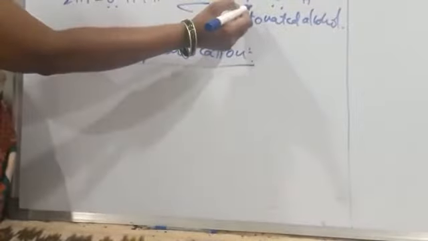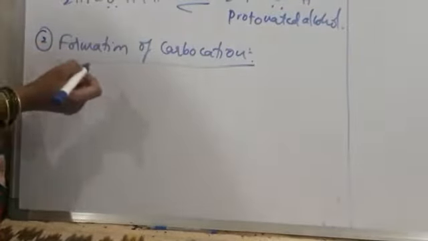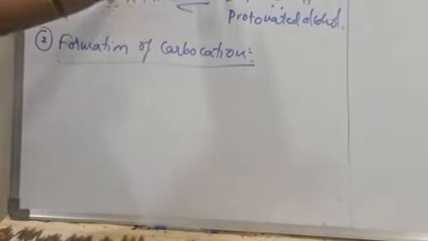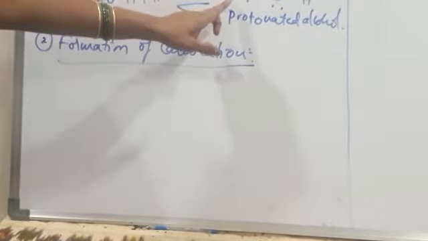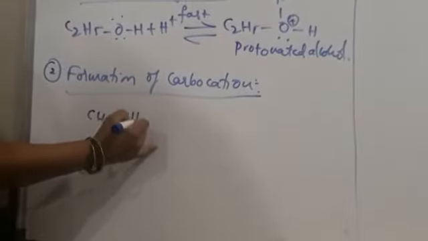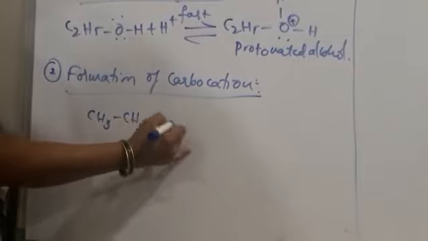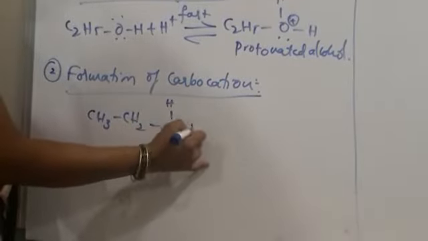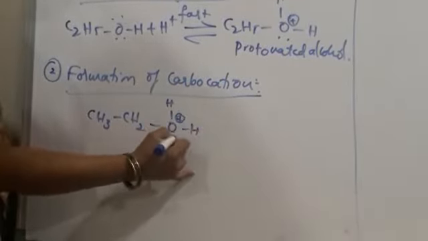So this is the protonated alcohol. Here we can write C2H5 as CH3CH2, ethyl.